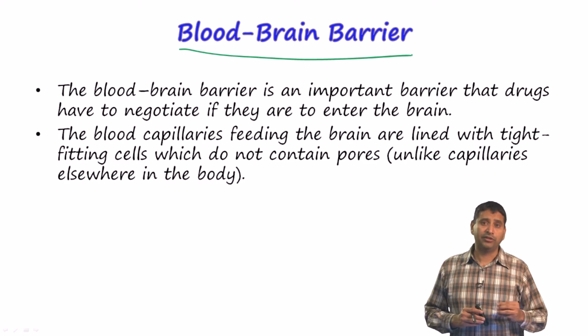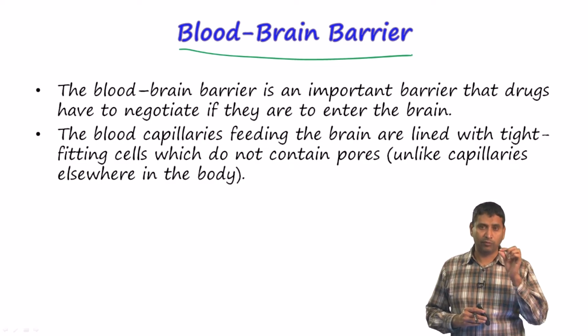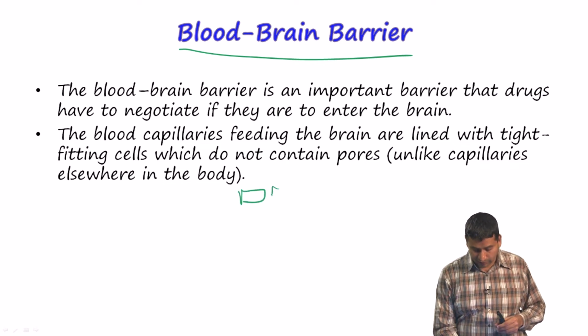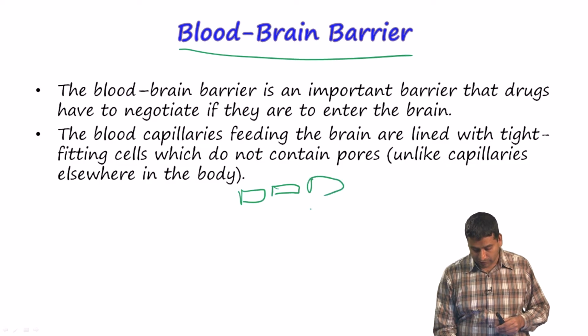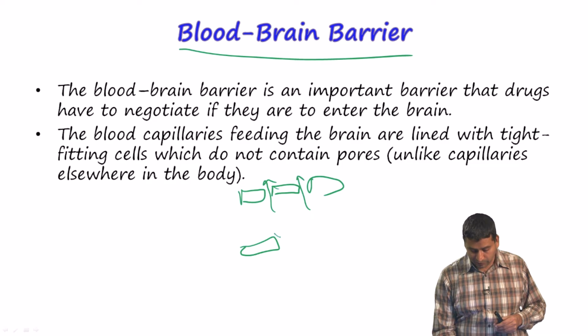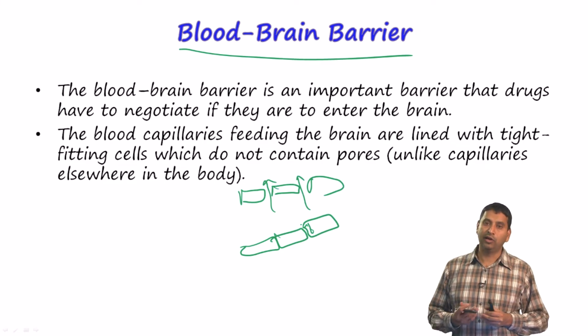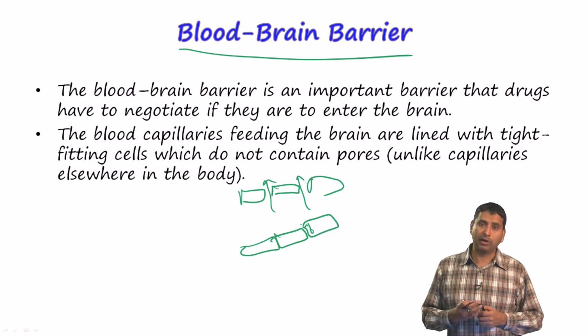The blood capillaries that feed the brain are lined with very tightly packed cells. Normally we were looking at the intestine lining cells, where there are many pores through which the drug goes, but in the brain these cells are very tightly packed, and therefore there are no pores available for the drug to pass through.